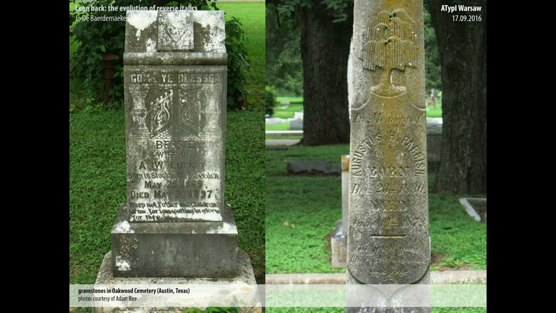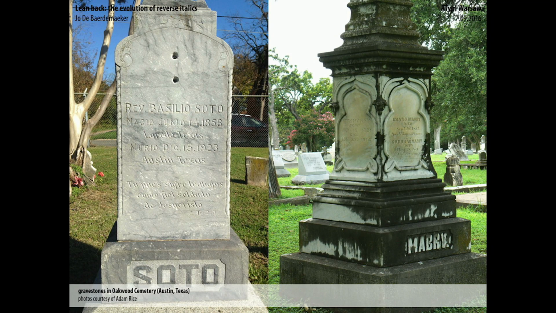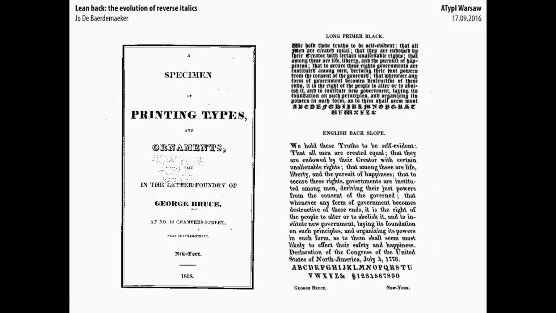Here again you can see that it's specifically the Didone style with a big contrast between the letters that was used as a type style, but also some less contrasted typefaces were used as epigraphs to explain a little bit more about what the person was.